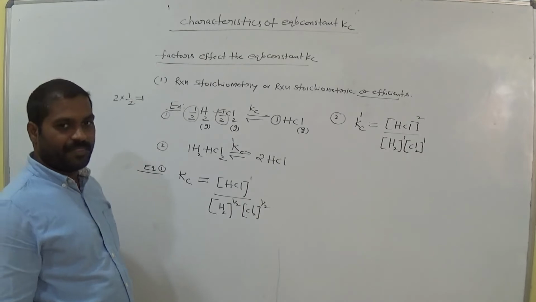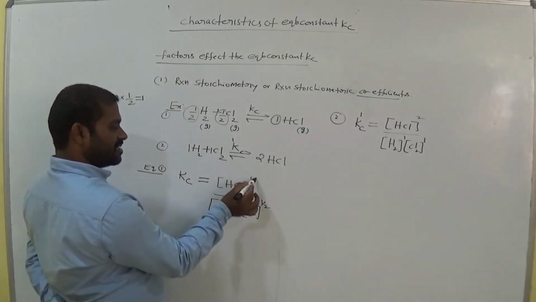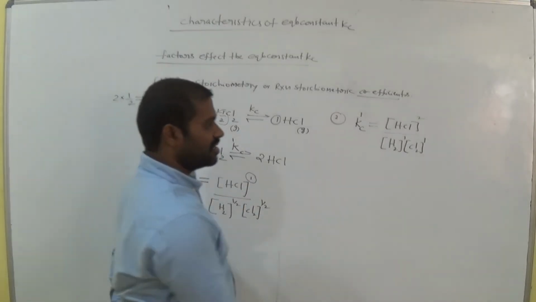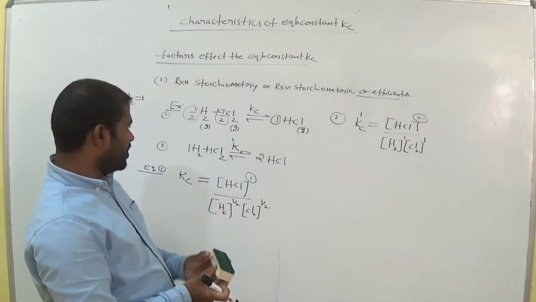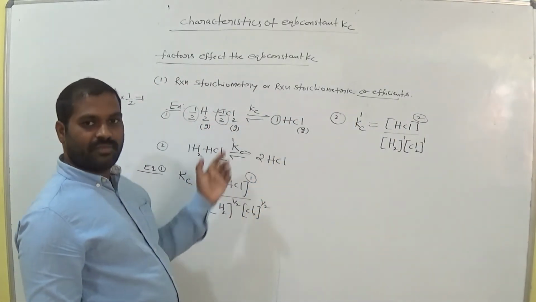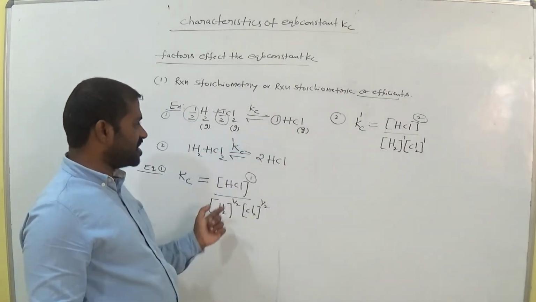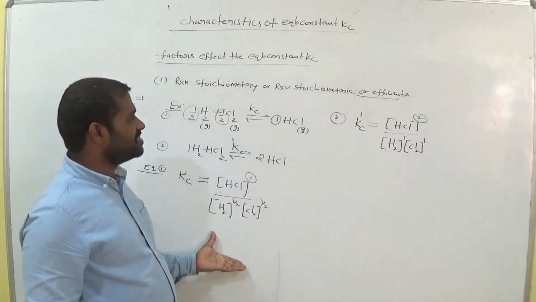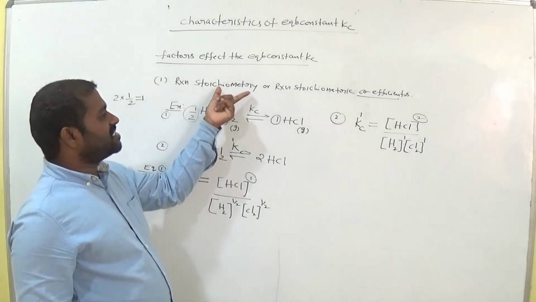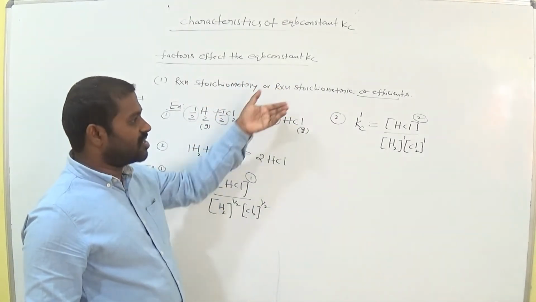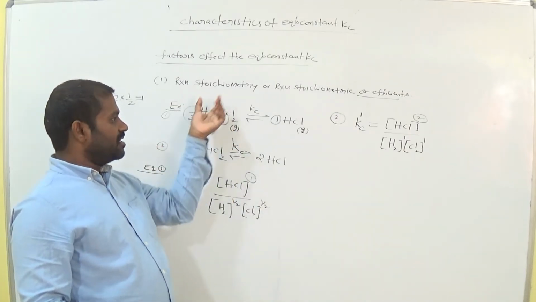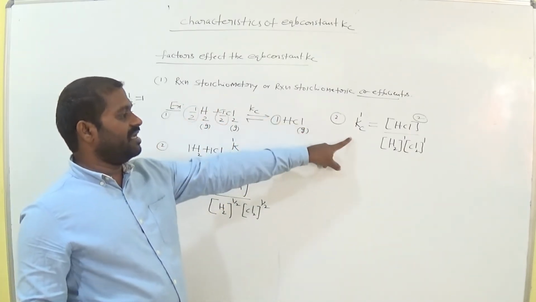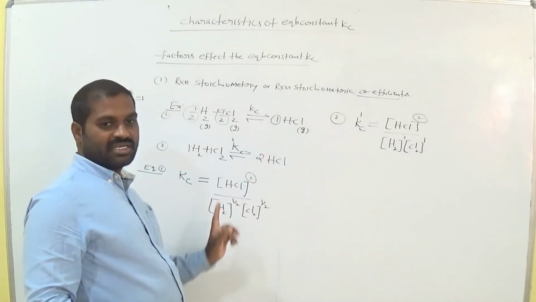Am I right? So now what is the power here? 1. What is the power here? 2. That means when we change the stoichiometric coefficients, do the Kc values also change or not? That means reaction coefficients or stoichiometric coefficients affect the equilibrium constant. That means when coefficients are changed, automatically Kc values also change.